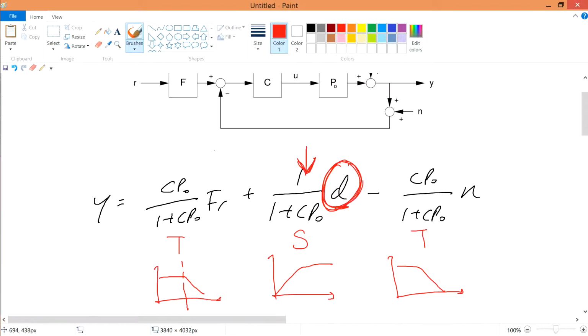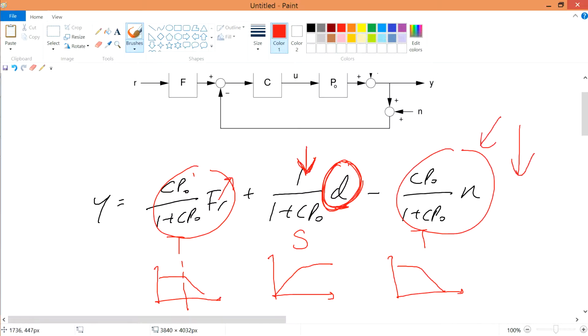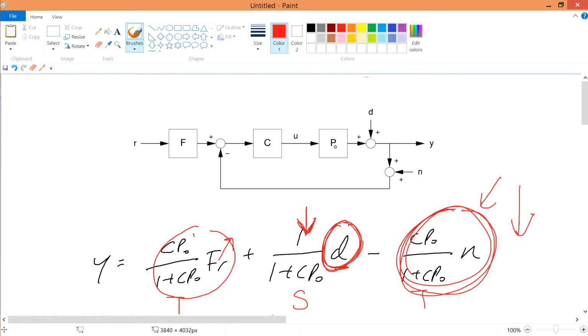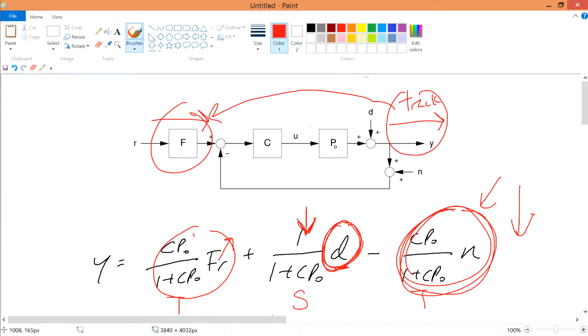And because of this, we are only left with the reference signal, or the command response R, with respect to the noise. We want to reduce the noise, in this case, to have good tracking. Tracking means that when you have a certain input, you track out the same output. So you track the input with a good output, meaning the same output as the input to a certain extent.